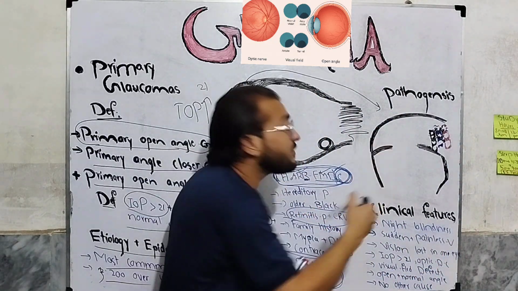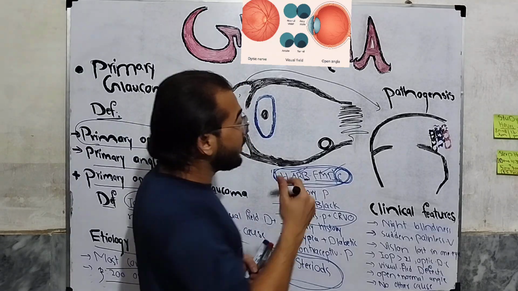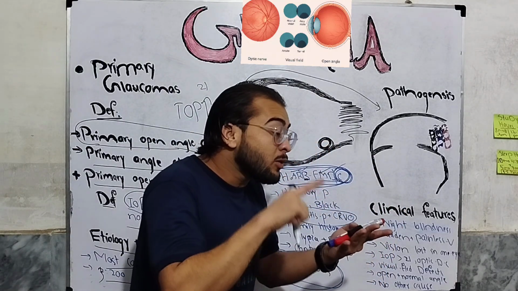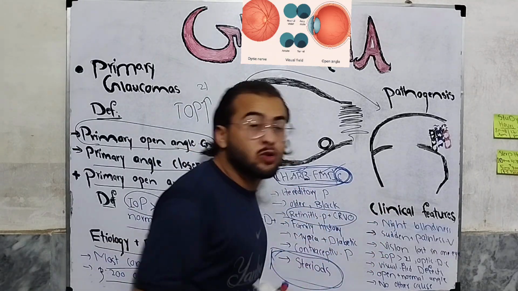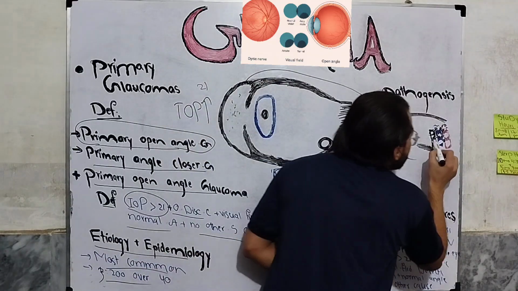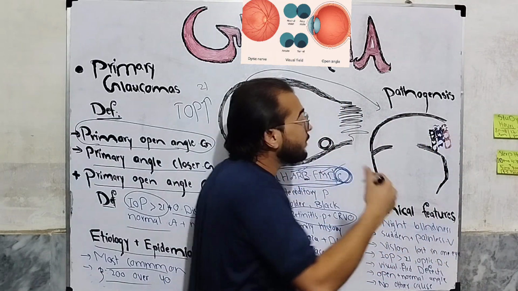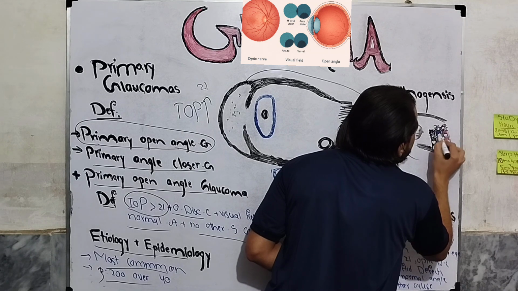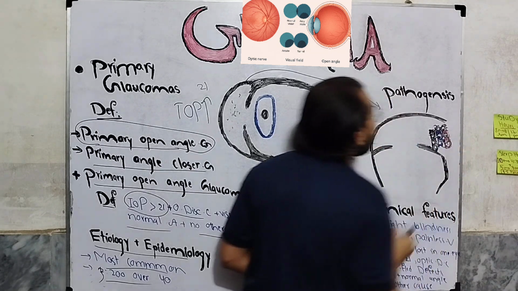The cells which surround the trabecular meshwork are called trabeculocytes or goniocytes. The deposition of extracellular matrix will be followed by the absorption of a lot of water. So these spaces in the trabecular meshwork will close up.